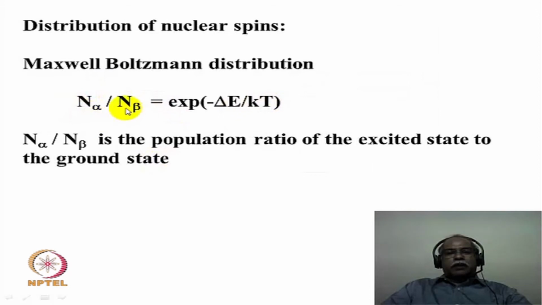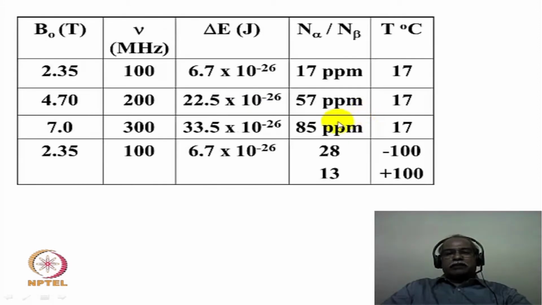Since in the expression the population ratio is related to the exponential of one over temperature, temperature also affects the population difference. At low temperature you have a higher population difference compared to higher temperature where you have a lower one, because of the inverse relationship of the population ratio to the temperature of the system.